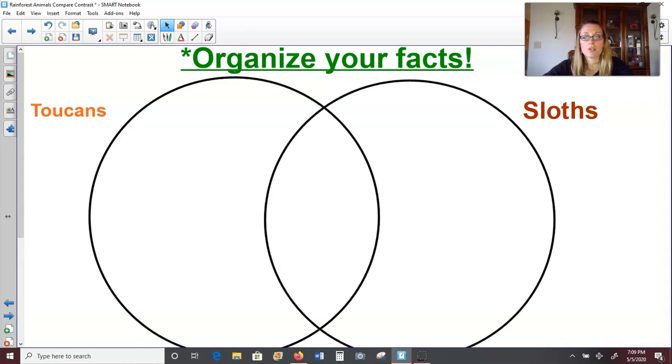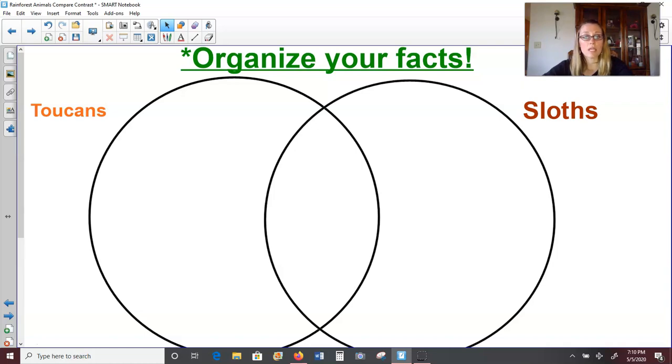Now I'm going to use toucans and sloths as my animal examples, mostly because those are the two animals that we gave you some facts for at the bottom of your assignment sheet. So if you are unable to use the internet and research on your own, you can refer to your assignment sheet, and there are some provided facts on toucans and sloths.